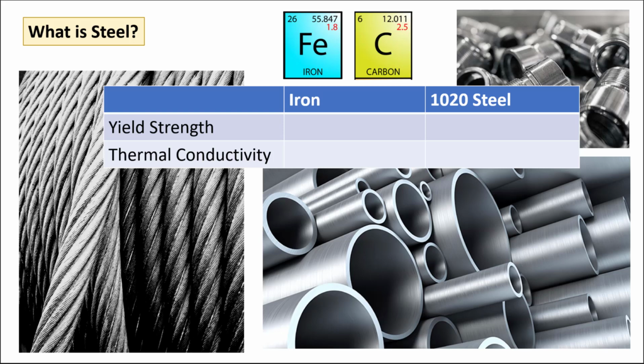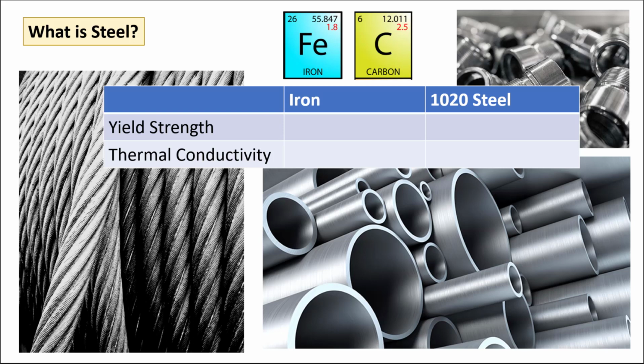The yield strength of a material is the amount of stress that you can apply before the material will permanently deform. It's a measure of how strong the material is. The thermal conductivity is a material's ability to conduct heat. The higher the thermal conductivity, the better the material is at conducting heat.